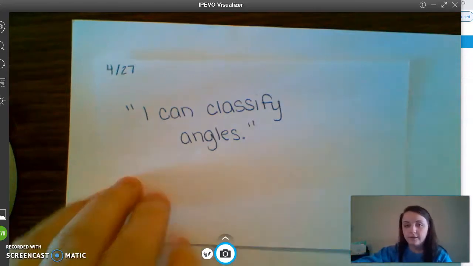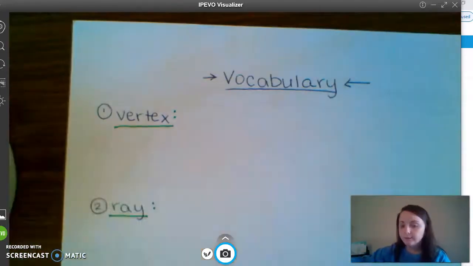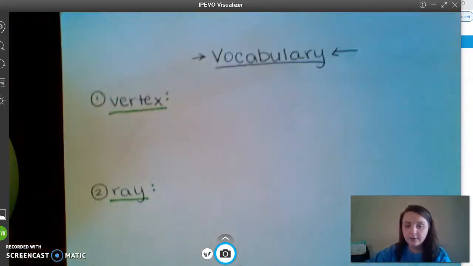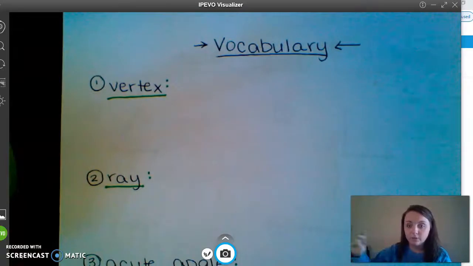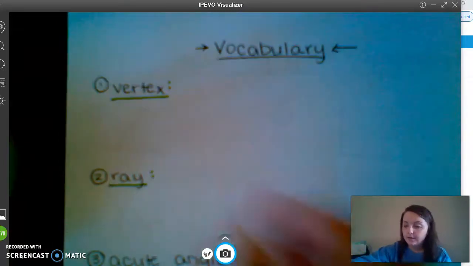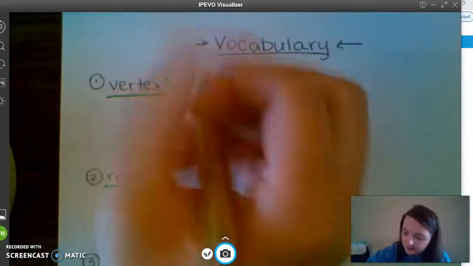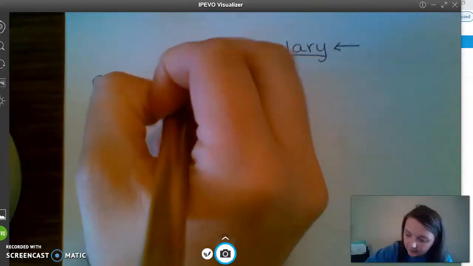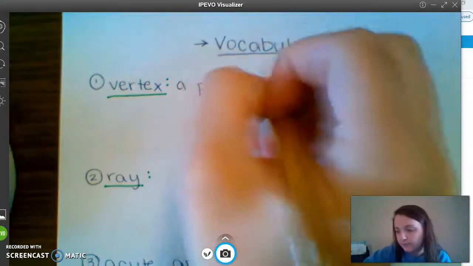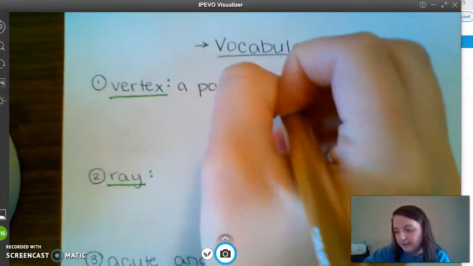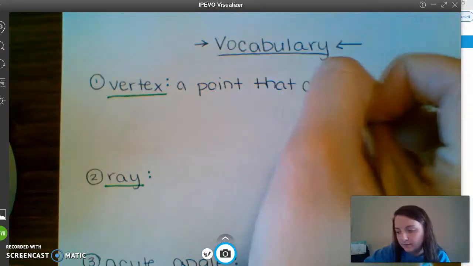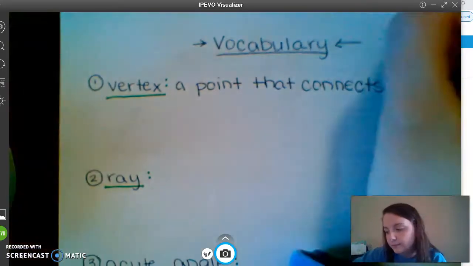Before we can start classifying, there are some definitions that we need to go over. The first is a vertex. So in geometry, you're going to see that it's a very visual section. With a vertex, this is a point that connects two rays.